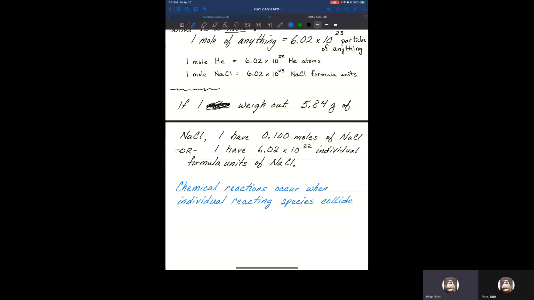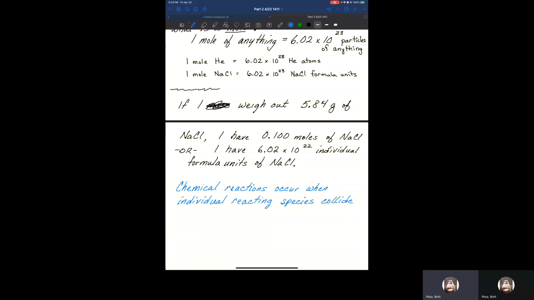But I can't unless I have some kind of intermediary that says, if I weigh this much out, I have this many individual pieces. Because now, if I know how many individual pieces, then I can go back and figure out how much mass.